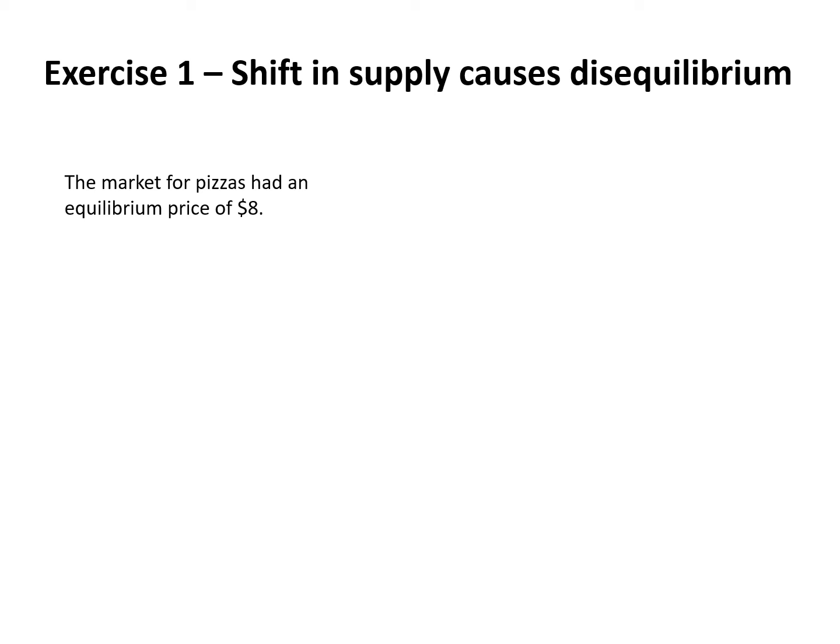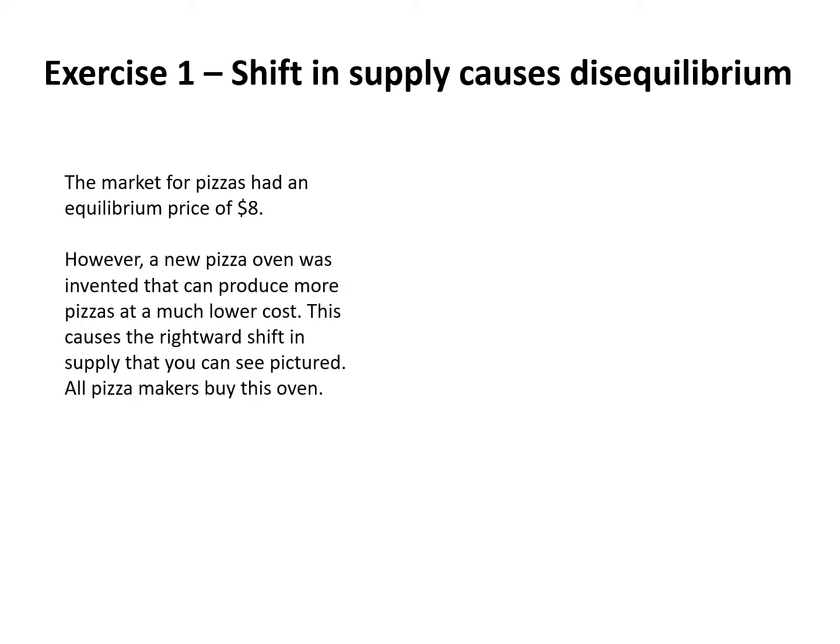Now let us look at this exercise. Shift in supply causes disequilibrium. The market of pizza has an equilibrium price of $8. However, a new pizza oven was invented that can produce more pizzas at much lower cost, because now a new technology came up.